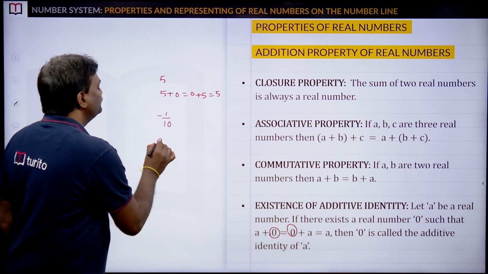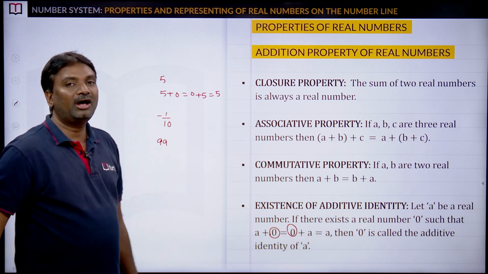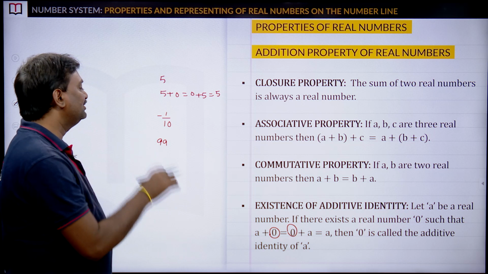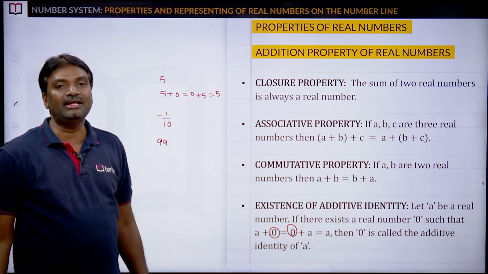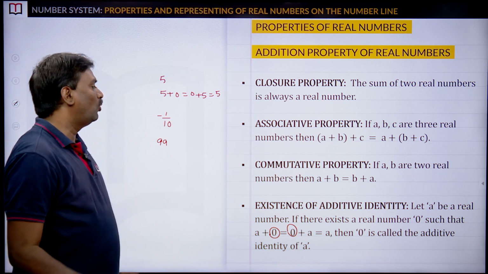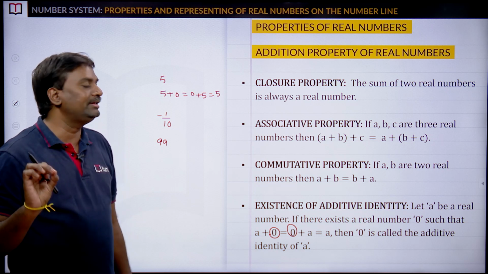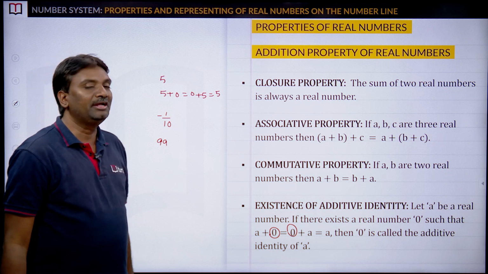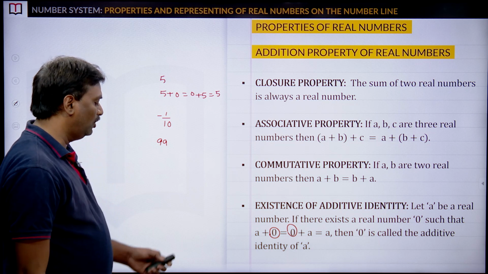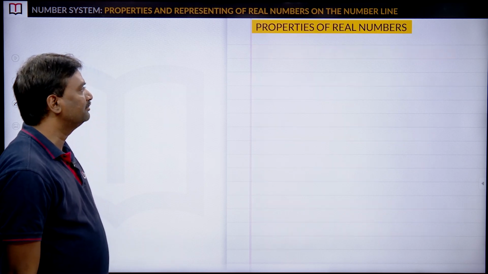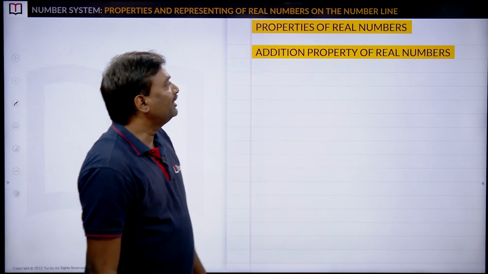If I ask you what is the additive identity of 99, simply you can say 0. For any real number we can say the additive identity is 0 only.